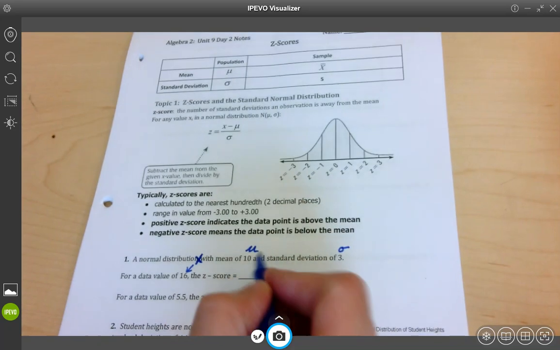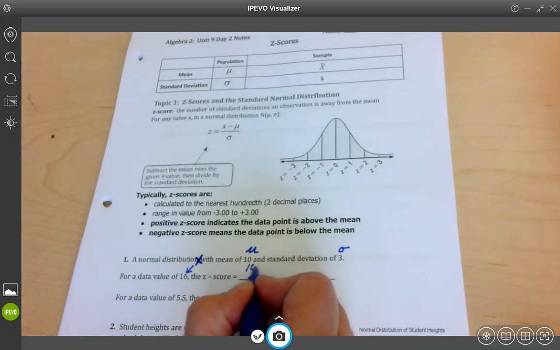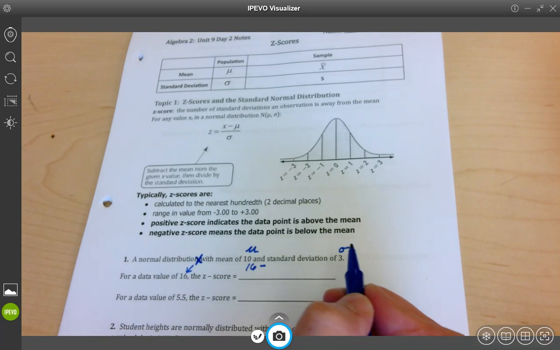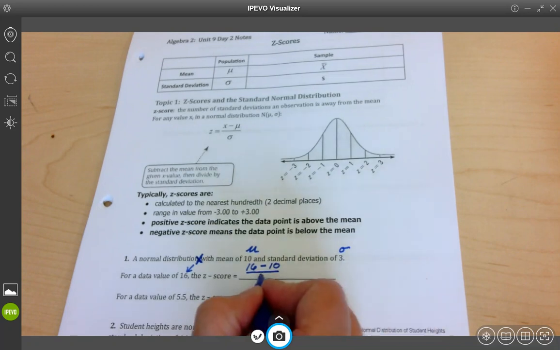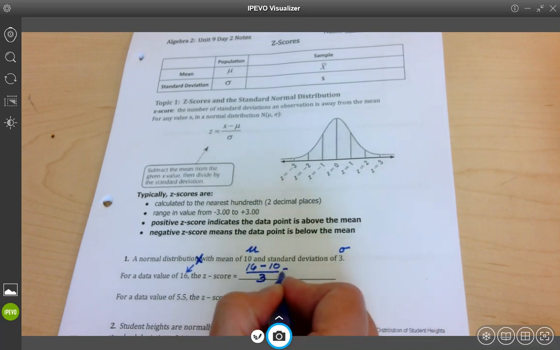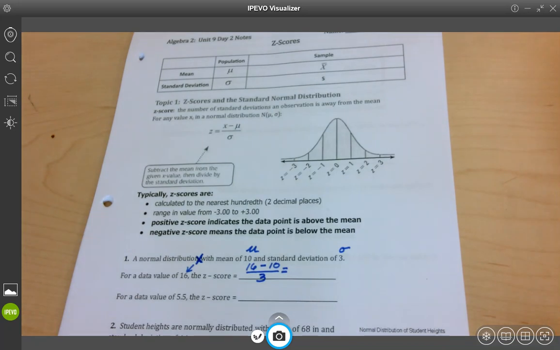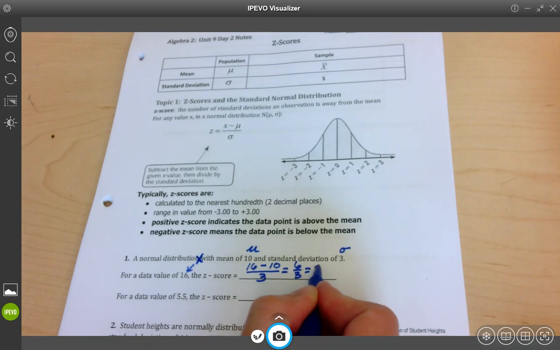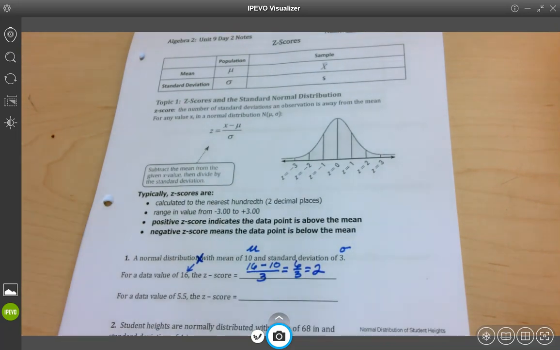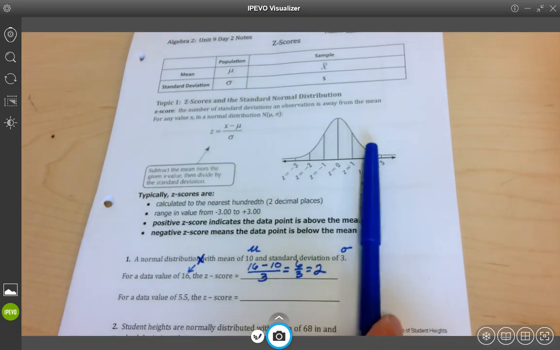It is a very simple formula. 16 minus mean 10 over standard deviation 3. Okay, so your z-score is 2, and that means that you are 2 standard deviations above the mean.